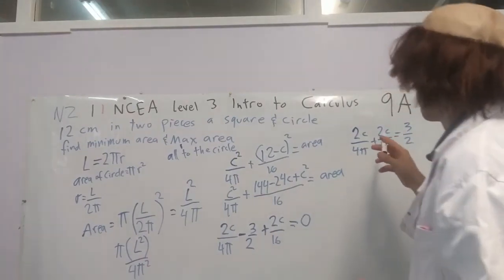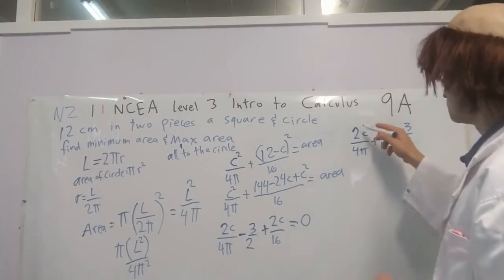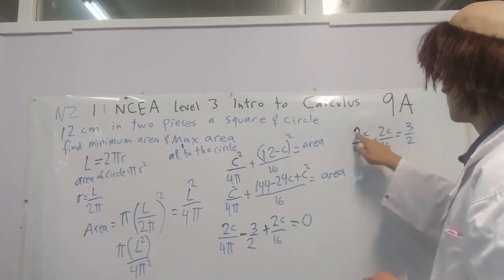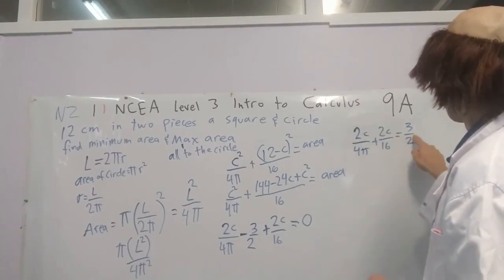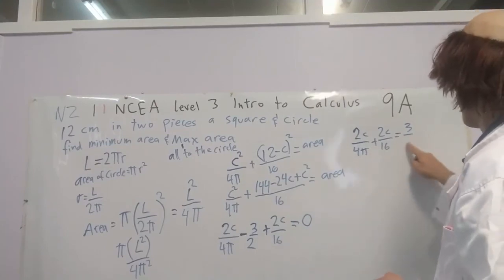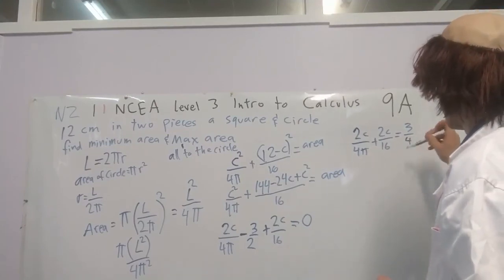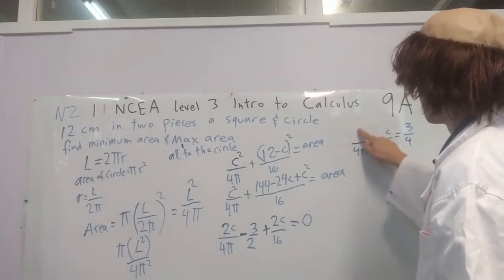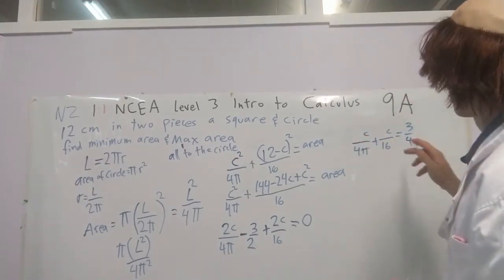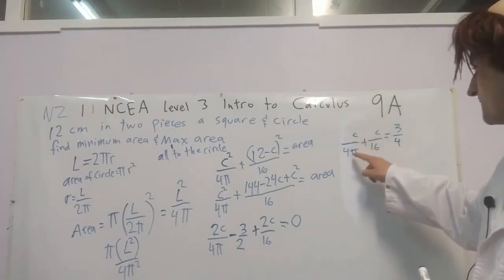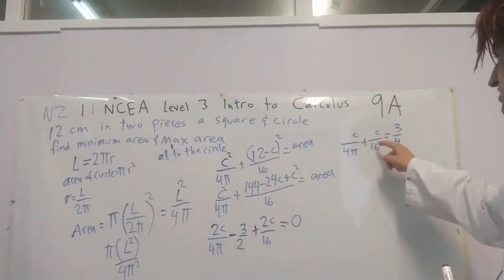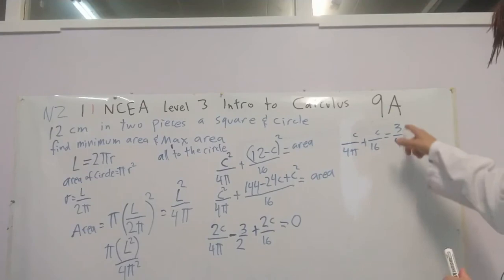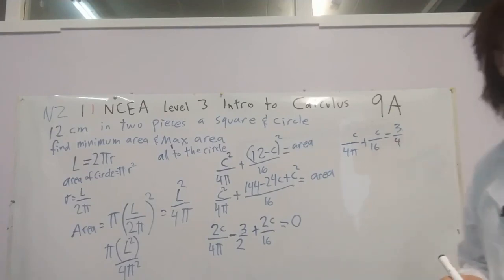Now we can divide both sides by 2 and get rid of this and this. So we'll change this to a 4. And we can get rid of these two c's. Our c over 4 pi plus c over 16 equals 3 over 4.